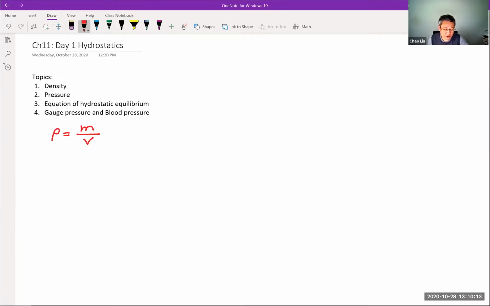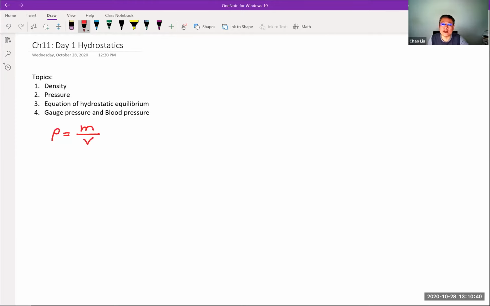Why do we want to start with the density? Well, because if you want to describe a property of an object, it doesn't have to be a fluid. All things have a density, right? If I simply ask you a question, I have a block of wood and I also have another block of steel, which one is heavier?